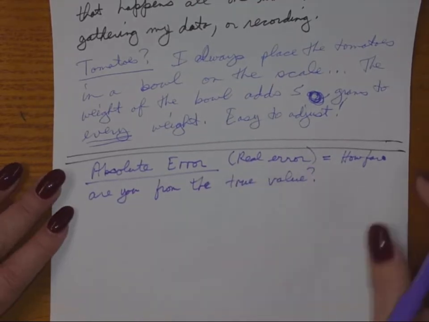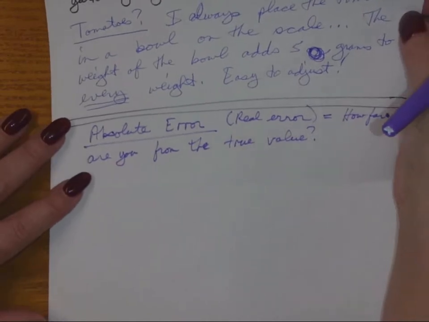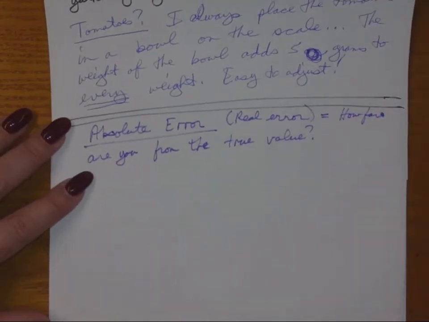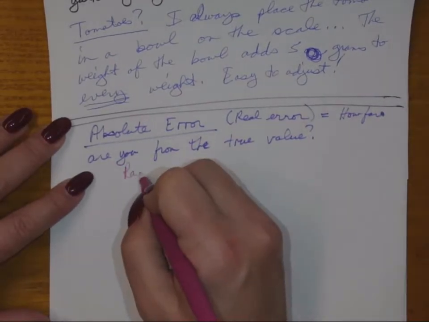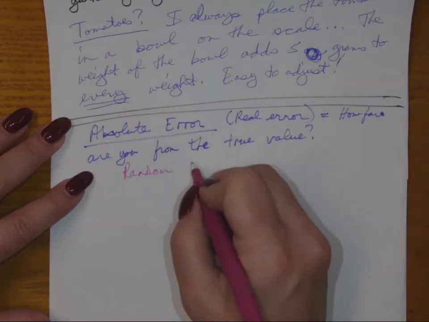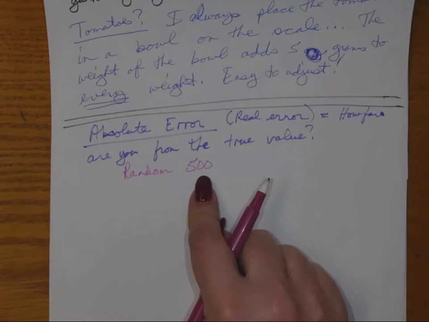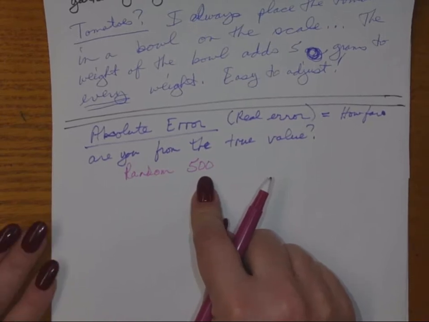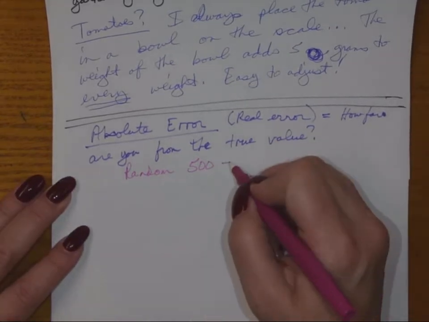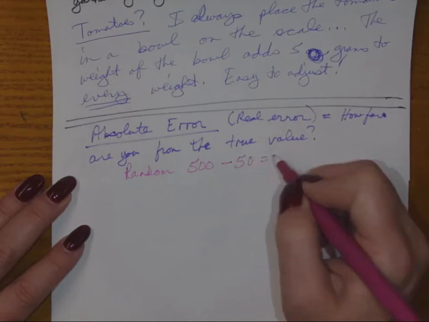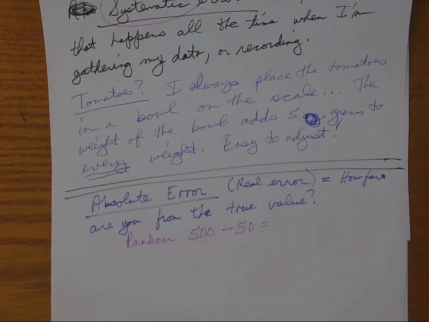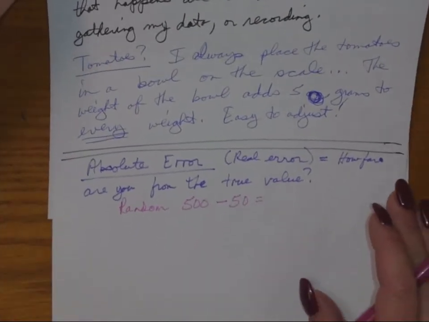Okay, so I'm going to continue using my examples up above. In my random tomato case, the one that I measured that was wrong was 500, and we think that the true value, we'd have to go back and measure that particular tomato, but we think that its true value was 50 grams.